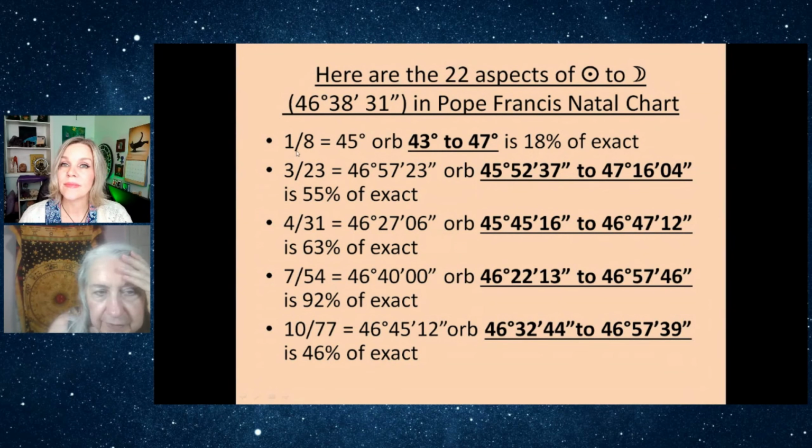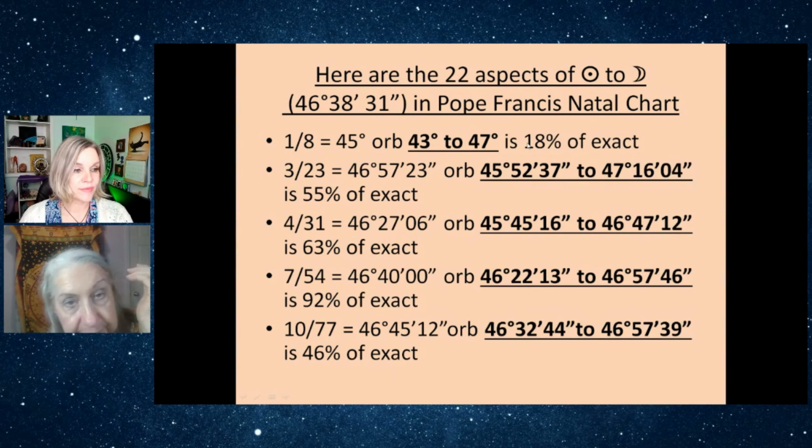Remember, the orb is determined by taking 16 and dividing it by the vibration. So this first one is easy. 16 divided by 8 is 2. 1/8 is 45 degrees. So the orb is going to be 2 degrees less than 1/8 and 2 degrees more. The orb is from 43 degrees to 47 degrees.